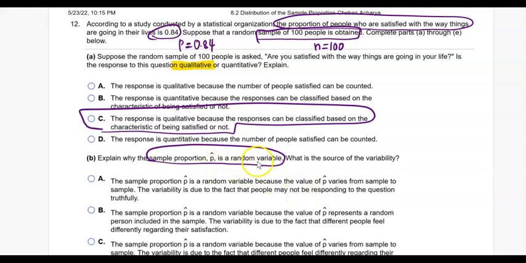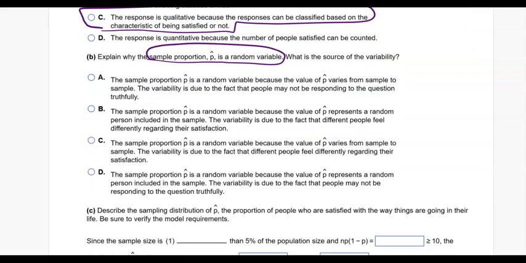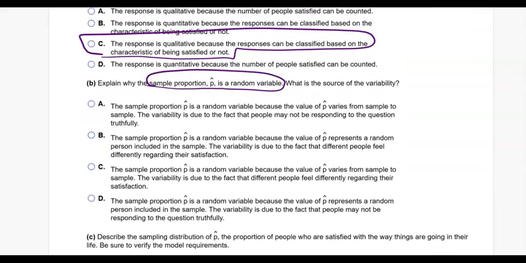In other words, one sample has one sample proportion, another sample could have another sample proportion. So the answer to this question is going to be, let's see which is right, and I think C. The sample proportion p is a random variable because the p varies from sample to sample.